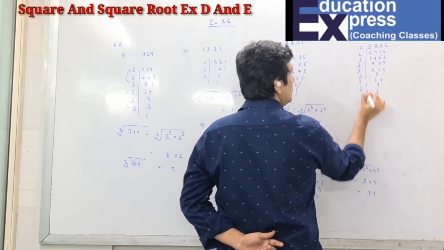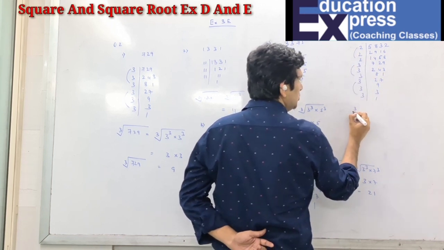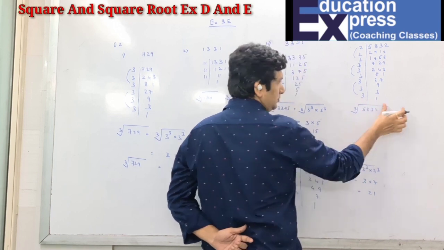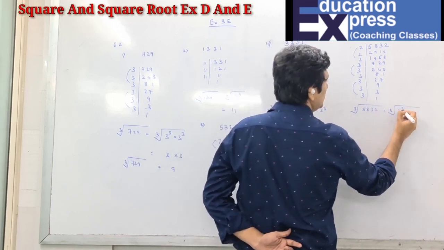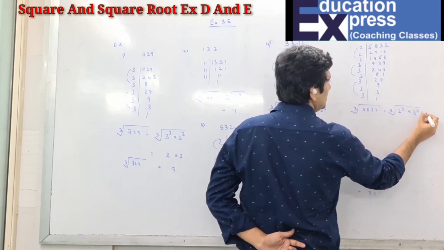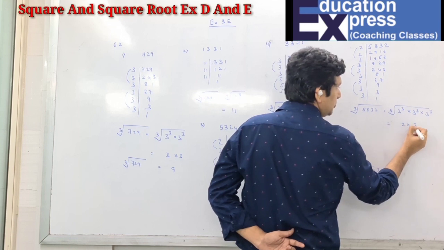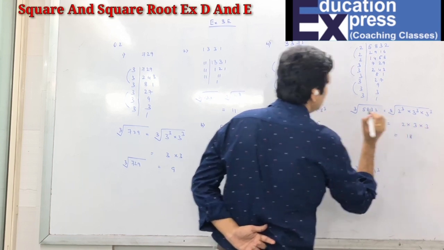So yeah, we have a group of 3 and 2 both. So cube root of 5832 is cube root of 2 cube, 3 cube, 3 cube. So that's 2 into 3 into 3, 9 twos are 18.